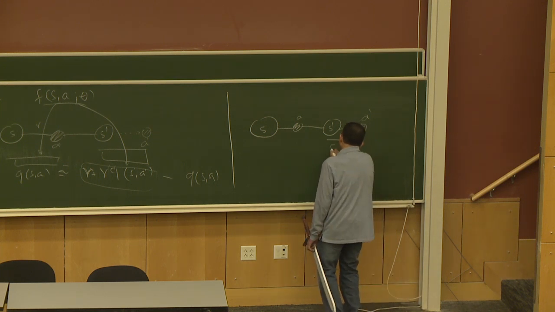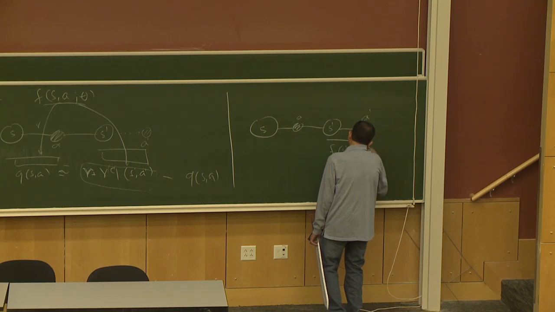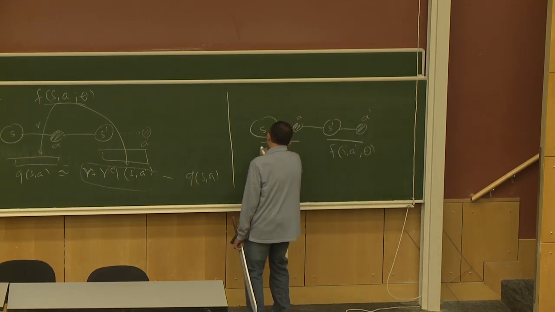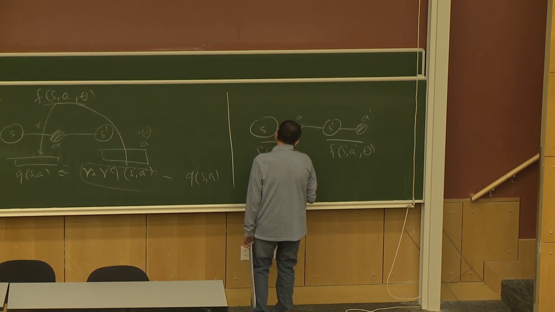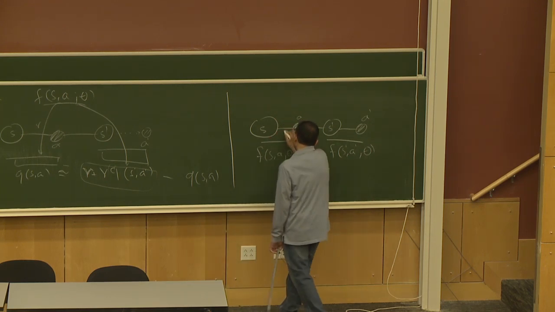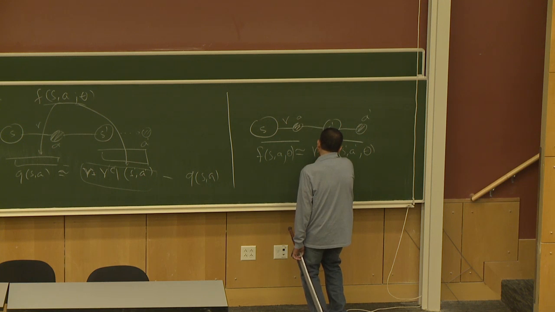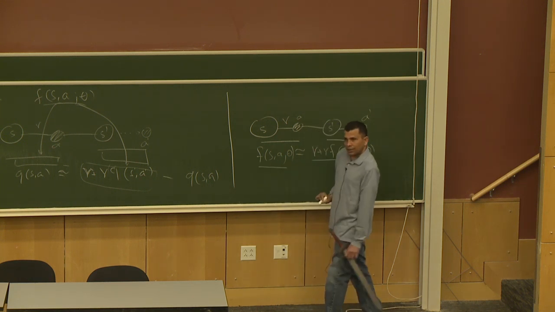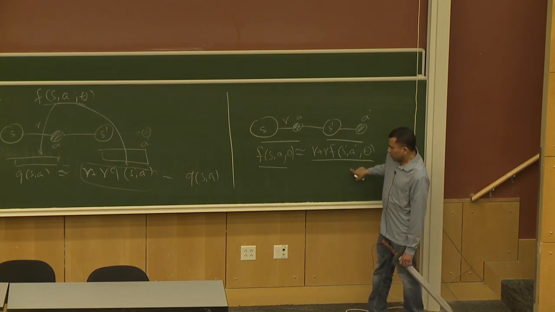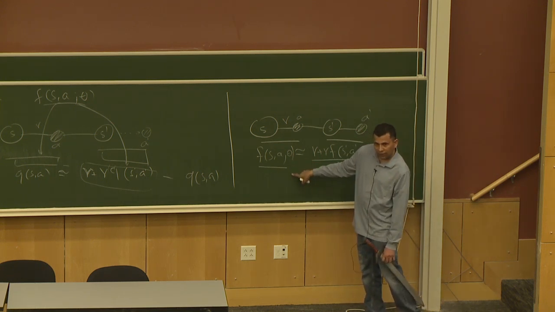And you computed F(S', A'; theta), which is a function of theta. For this guy, you computed F(S, A; theta), which is a function of theta. And you got a reward over here. This was your target. This is the current value. You're trying to estimate theta to minimize the difference between the two at each step.